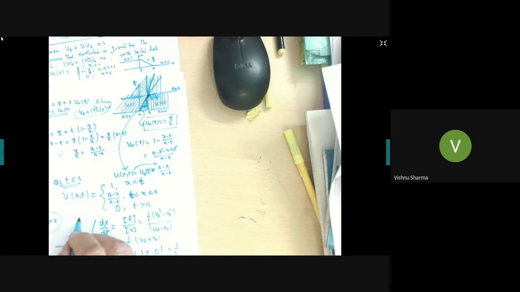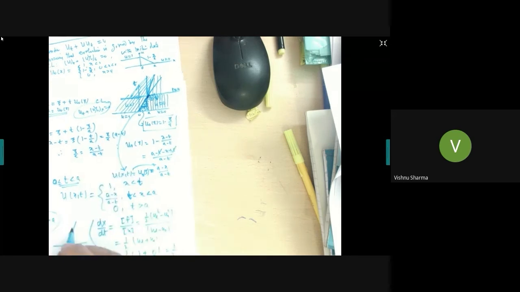So up to here the solution is this, and then there is a discontinuity. Its slope is this. x is equal to a plus t by 2.